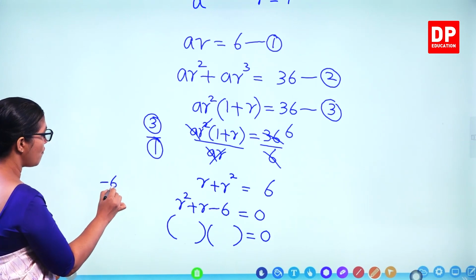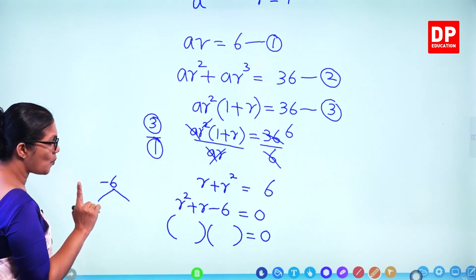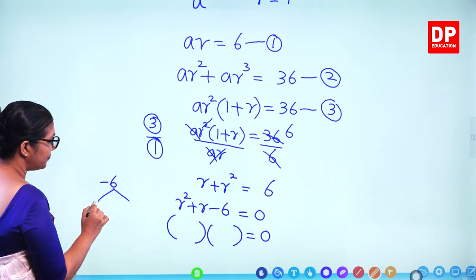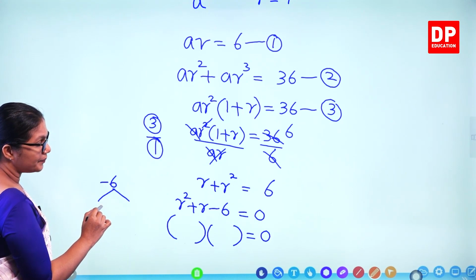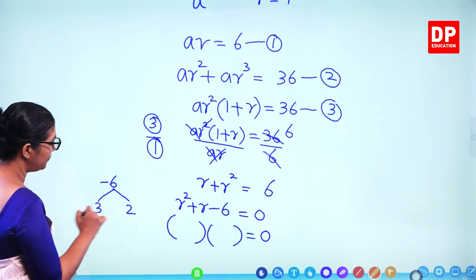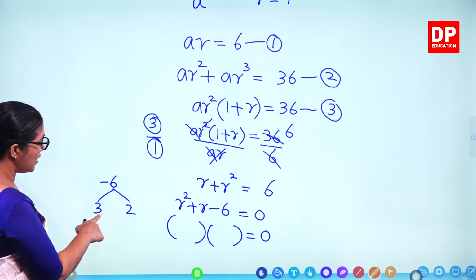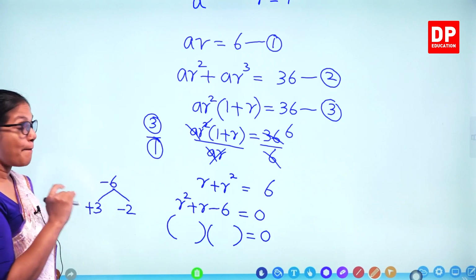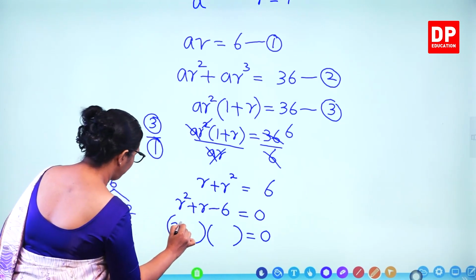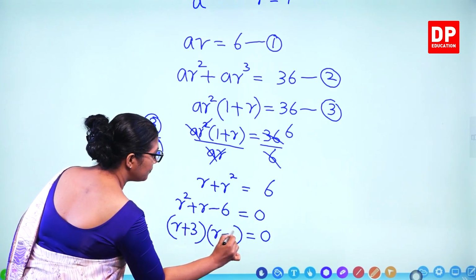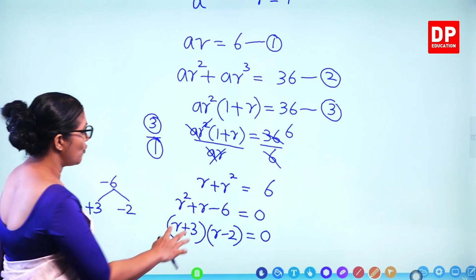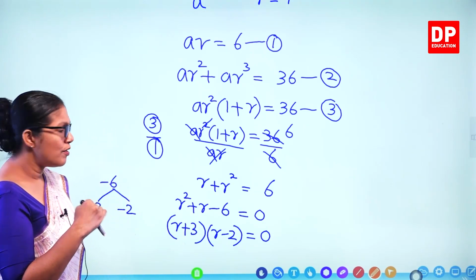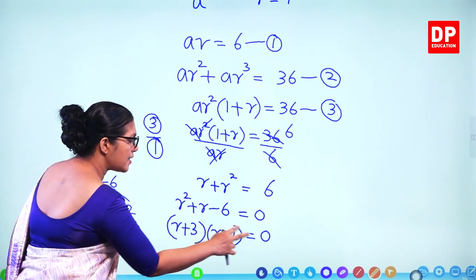What are the factors of minus 6 where the difference is plus 1? 3 and 2, but difference is 1 means 1 should be positive. So this is negative and positive: plus 3 and minus 2. If you can't factorize like this, it's better to split the middle term and write down factors. So the product is 0.